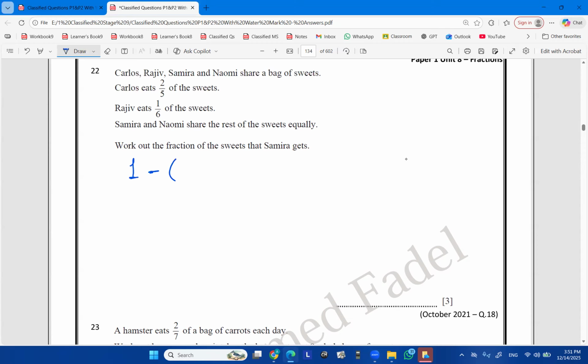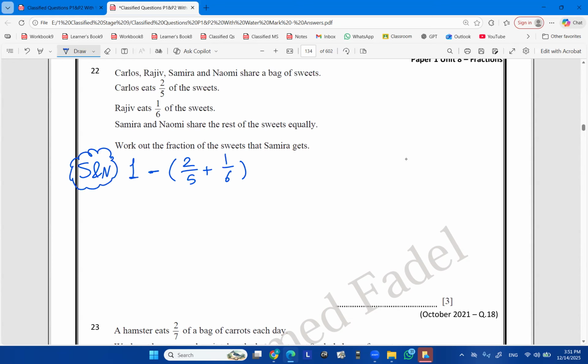Carlos eats from it 2/5, Rajiv eats from it 1/6. The remaining of the bag is going to be for Samira and Naomi. So what we're doing over here is for Samira and Naomi.